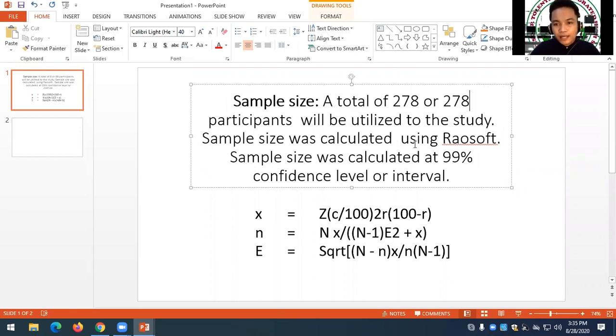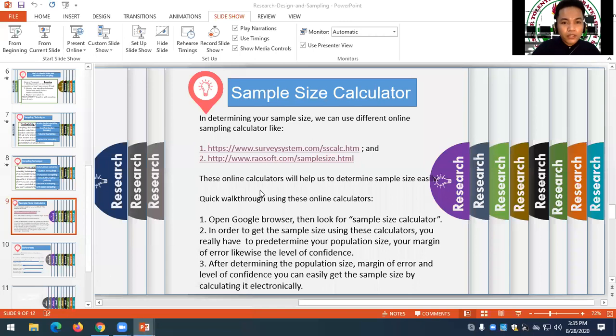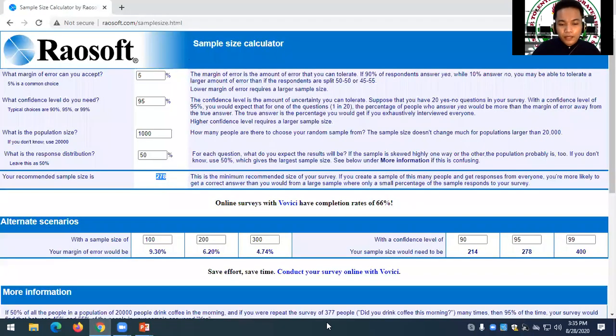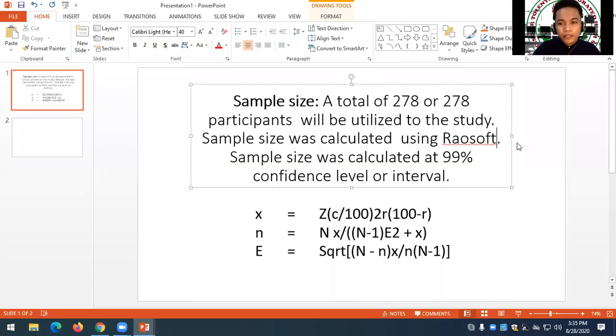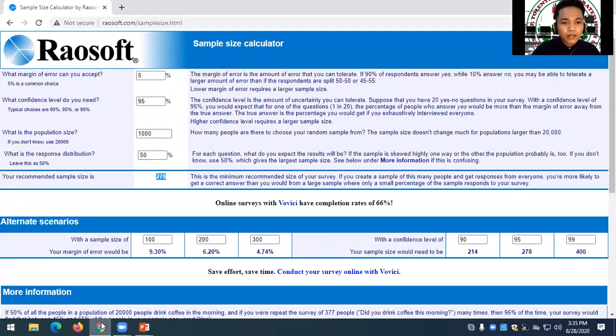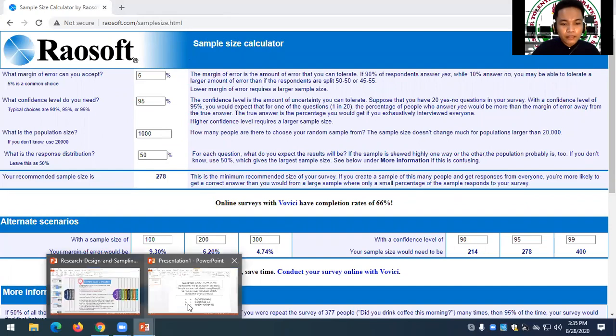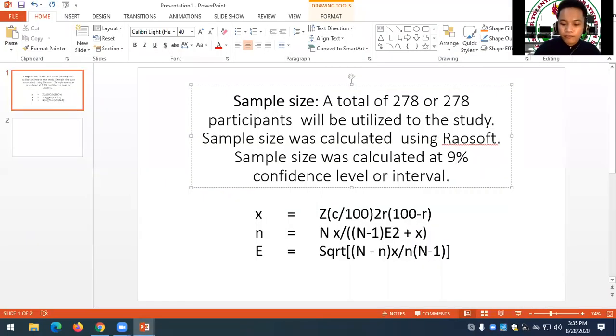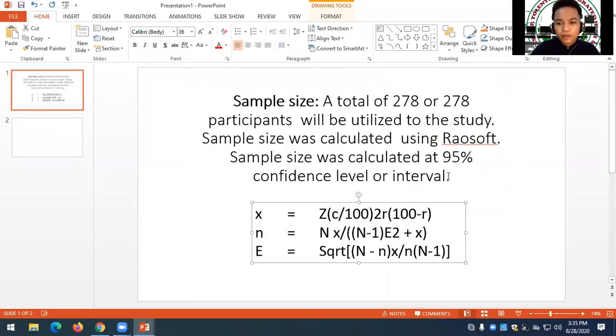Sample size was calculated using RASOF or survey system. Either of the two pwedeng using RASOF or survey system. Sample size was calculated at anong confidence level nun? Confidence level niya is 95%. 95% confidence level or interval.